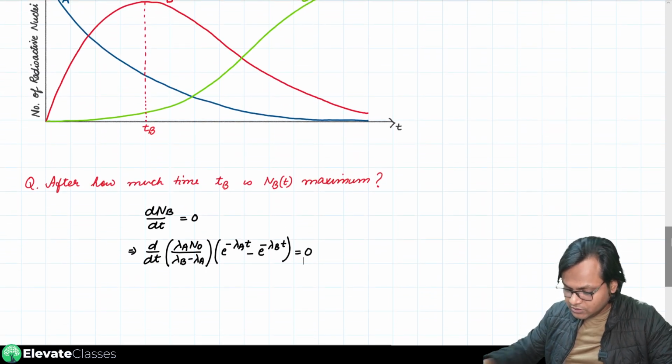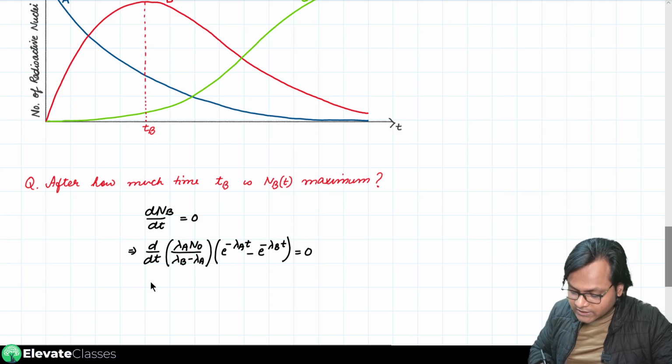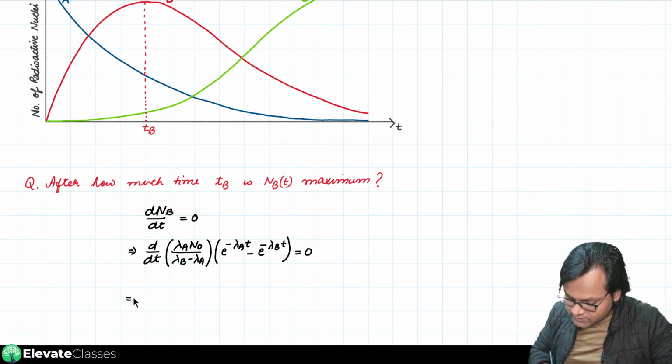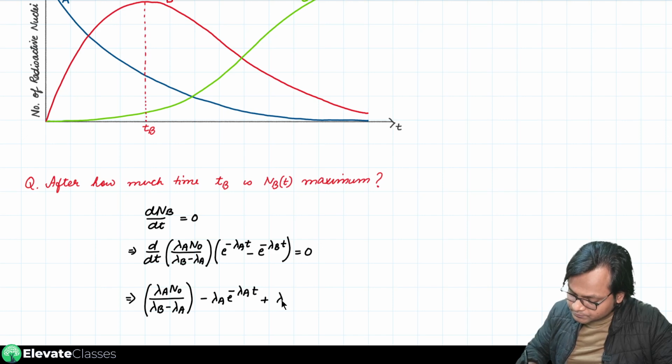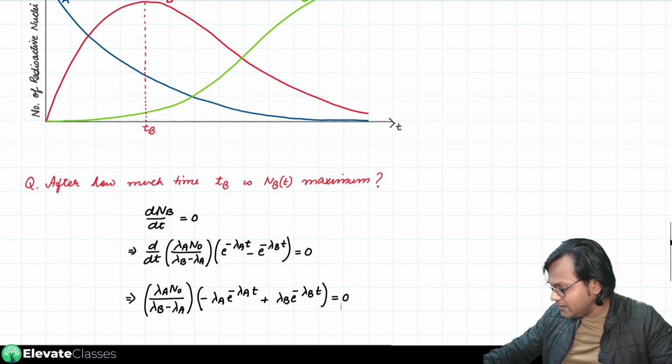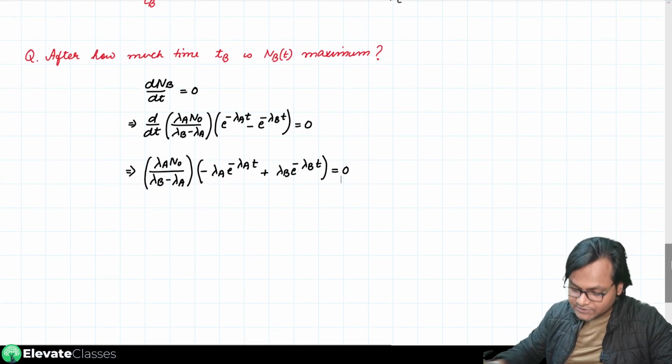So now if I perform the calculations for the second question, which is what is the time at which the intermediate nuclei is maximum, I just need to do a derivative of this. So this will become minus lambda A e to the power minus lambda A T plus lambda B e to the power minus lambda B T. The constant goes to the right hand side, becomes 0, right? So all we are left with is whatever expression is within the brackets.